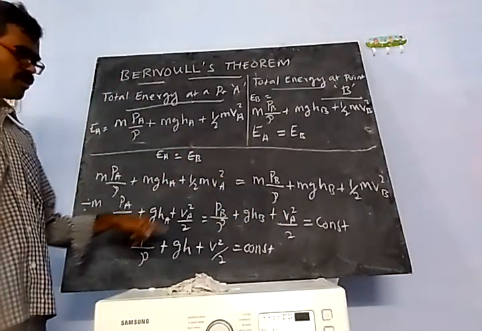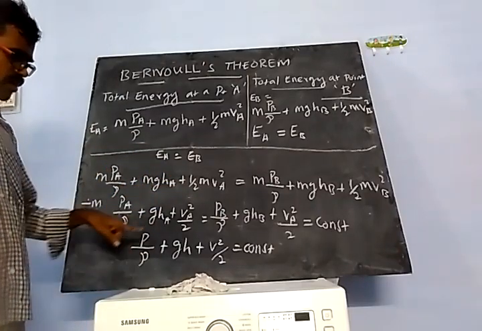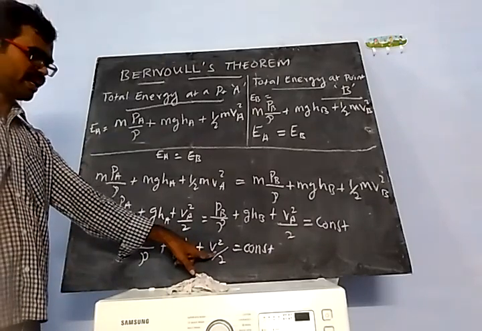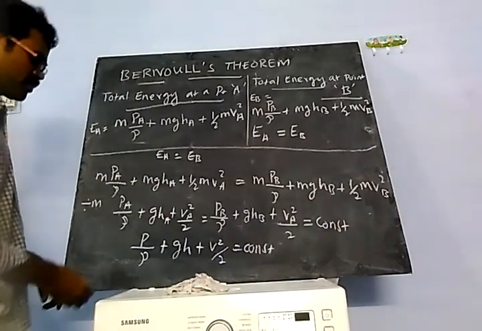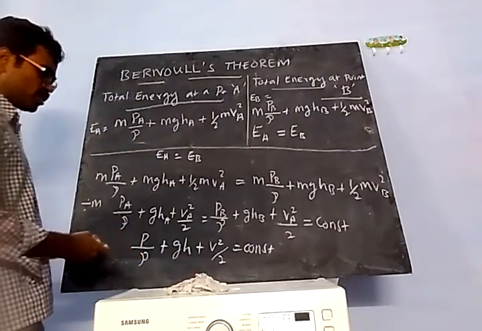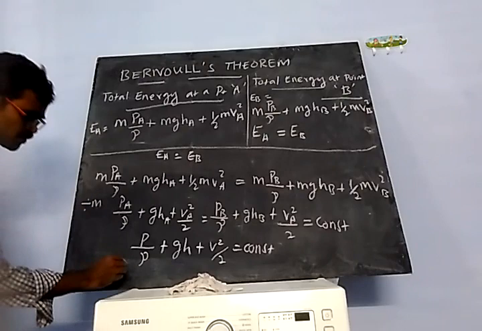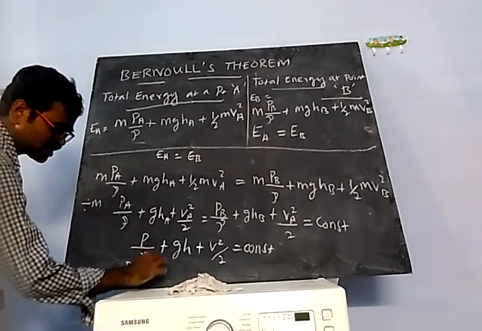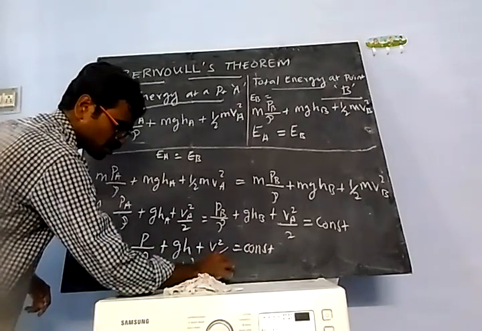So Bernoulli's theorem states that the sum of pressure energy, potential energy and kinetic energy per unit mass is always a constant. Do you understand, ma'am? Now in your book another step is given. You can divide by g also, so you get P by rho g plus h plus v squared by 2g is equal to constant.